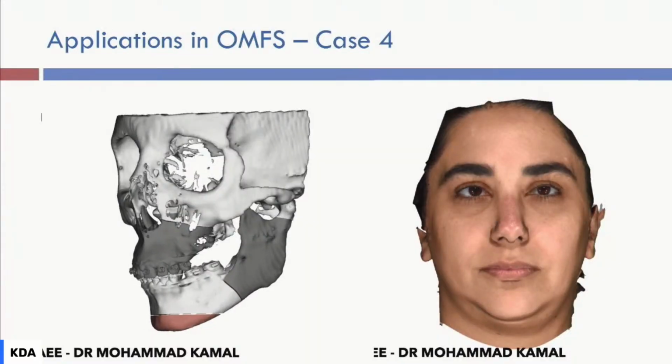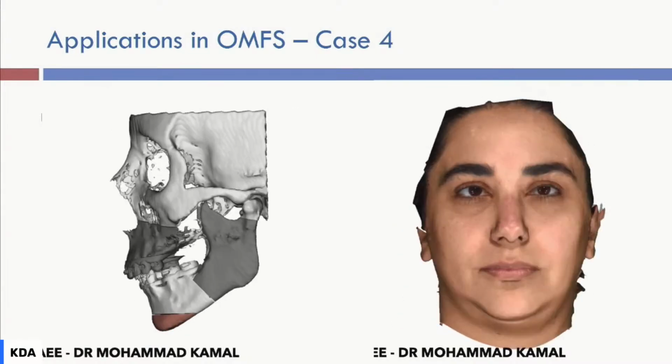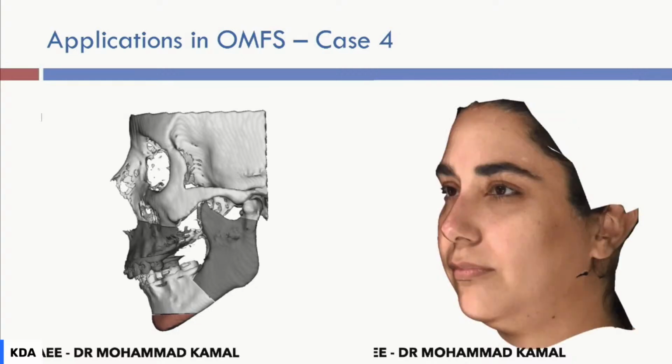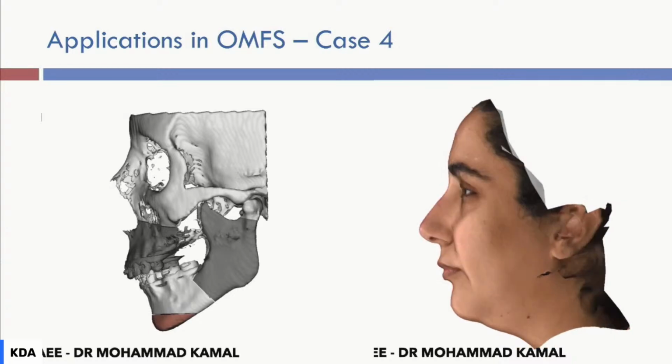So this is the prediction. From the front, you cannot tell much. Again, the RAM issue, memory issues with the computer. Now, 3/4 view, okay, this is before and after. You cannot say this is a major change, even though it doesn't look like much, but it is a major change when you have advancement and impaction of the maxilla.